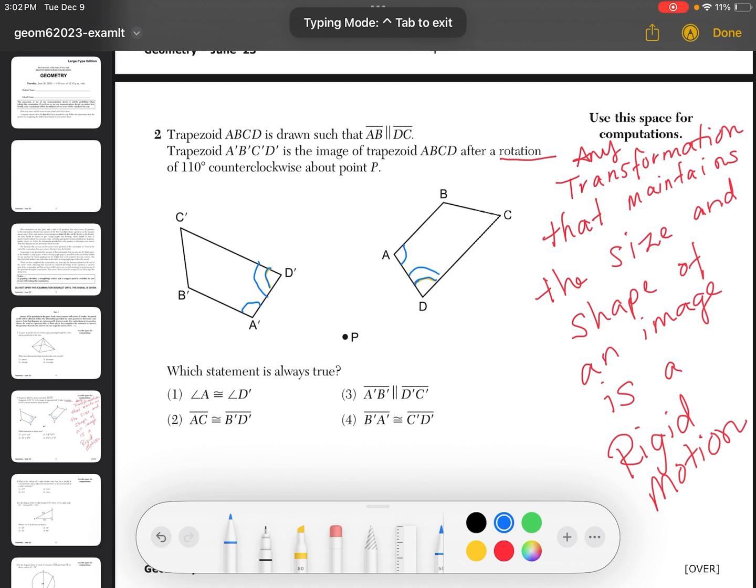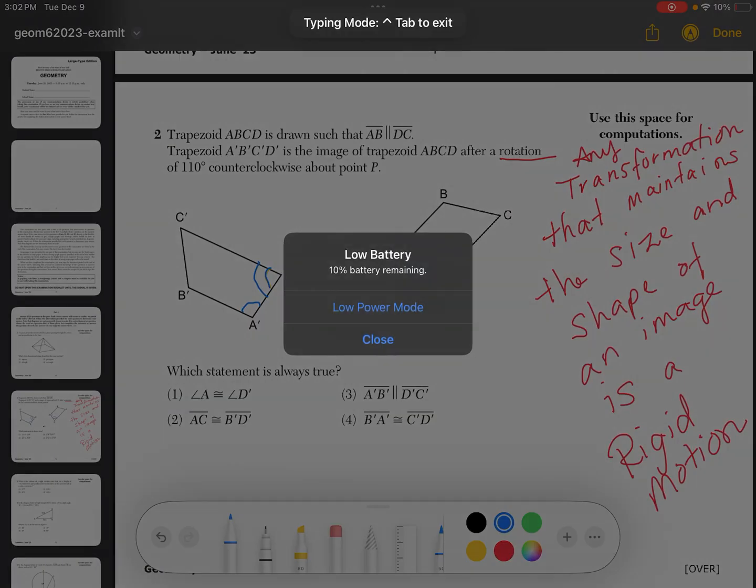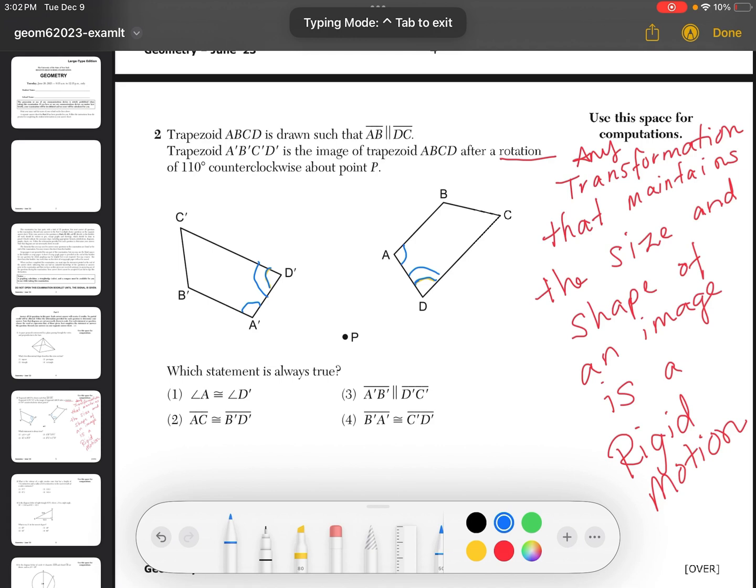So it shows that these two are the same. To make a long story short, A could not possibly be congruent to D prime. They only care about which statement is always true. The only statement that's true is that A prime B prime, this side here, and D prime C prime, this side here, are parallel.